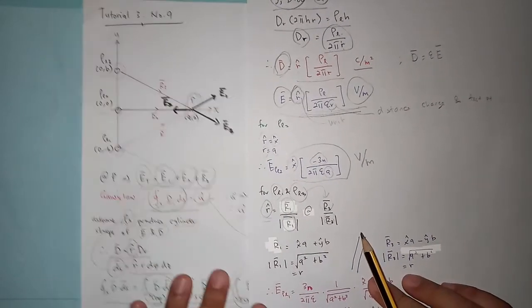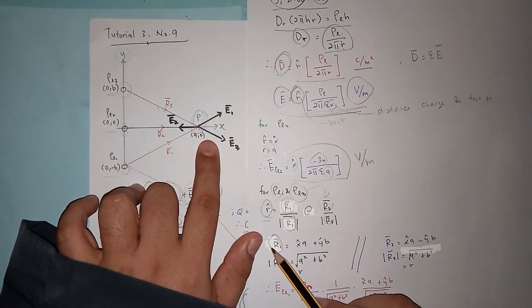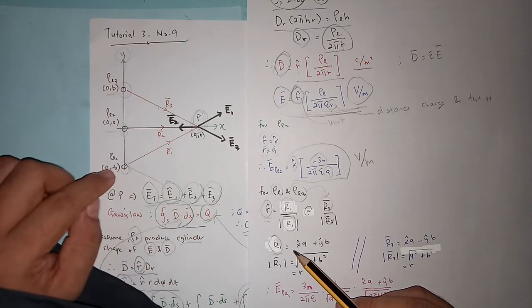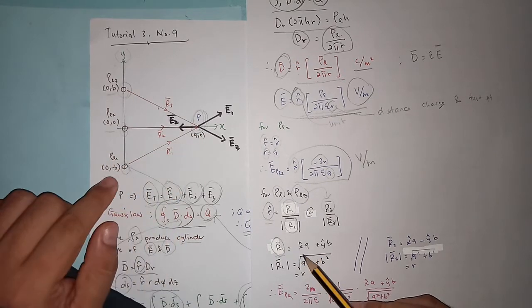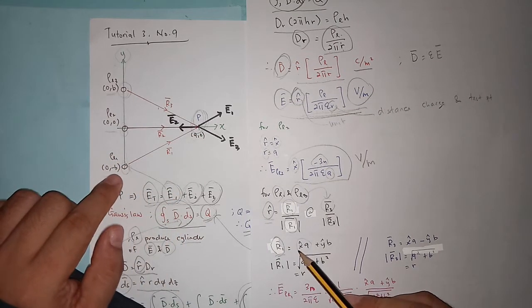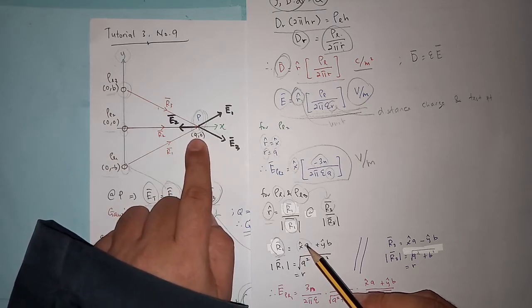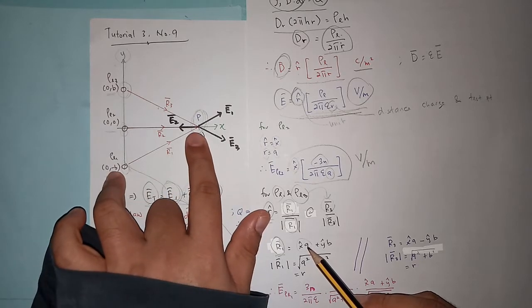Alright, so based on this setting, let's see how we can express our vector r1. The vector r1 travels from this point to this point, right? So for the x cap component first, we need to make a minus with a 0. This is for the x component for this particular vector.